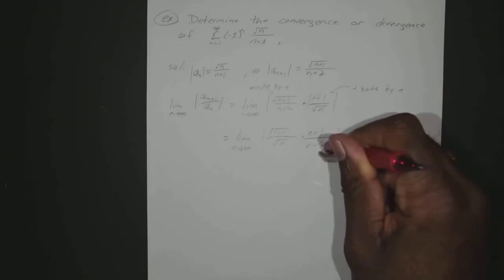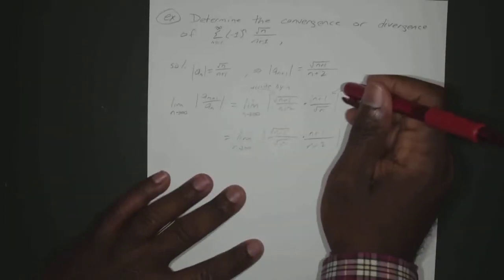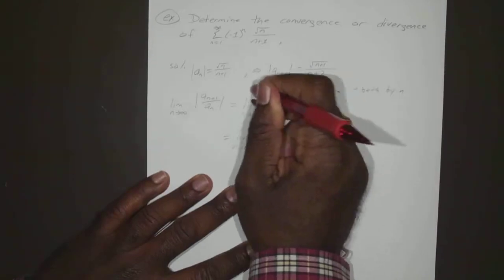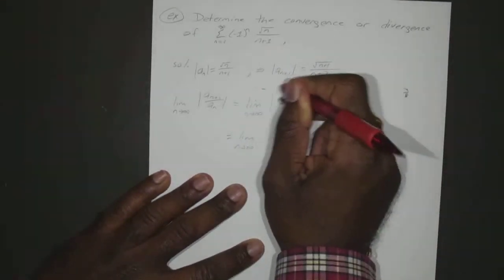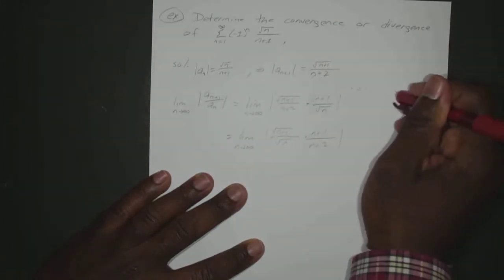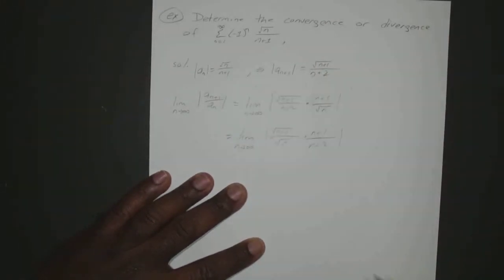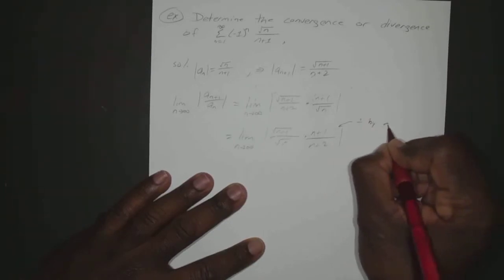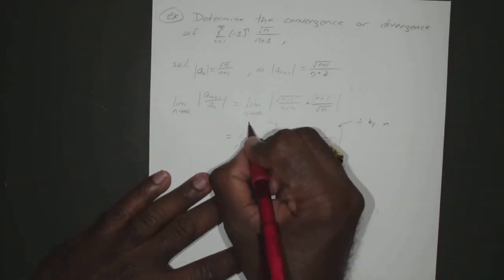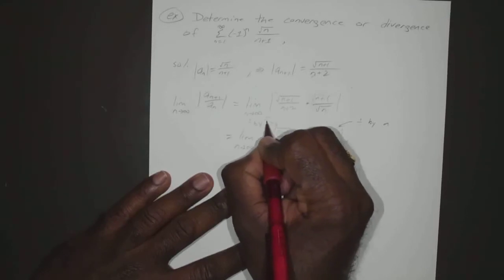So now you divide these by n and this by square root of n. That actually should go down 1. Okay, so divide by n and divide by square root of n.